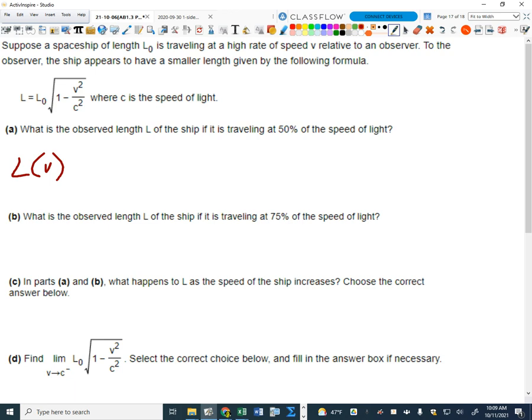We just measure that when it's at rest, and that doesn't change. So L of v is equal to L naught times the square root of 1 minus v squared over c squared.